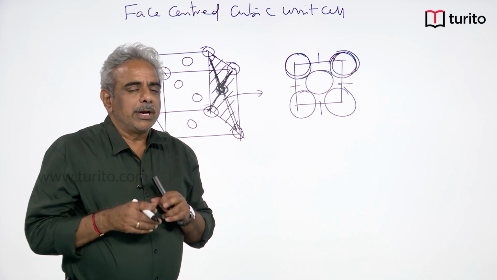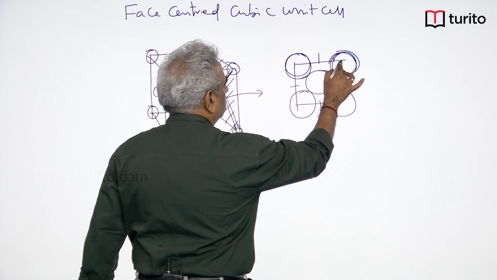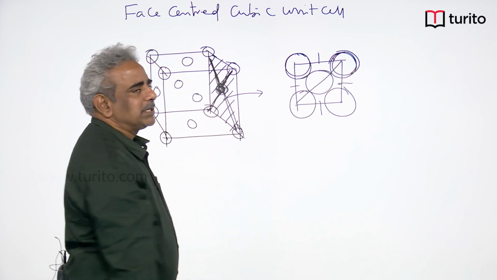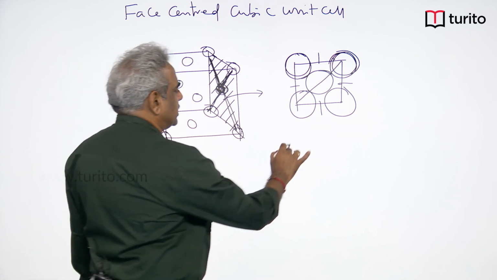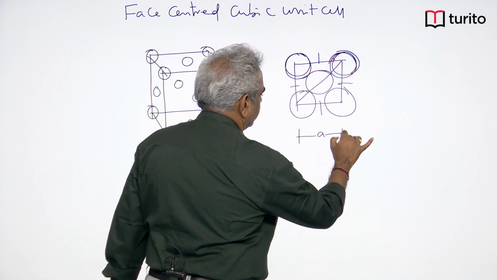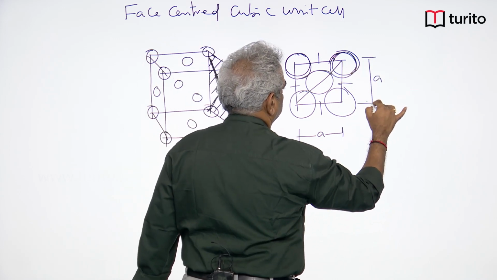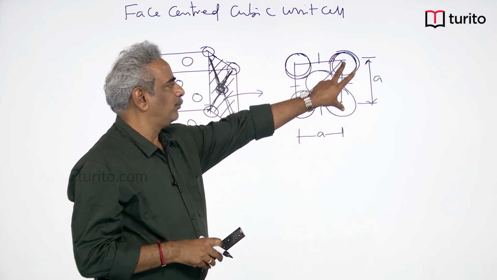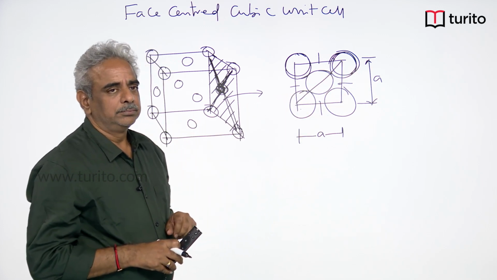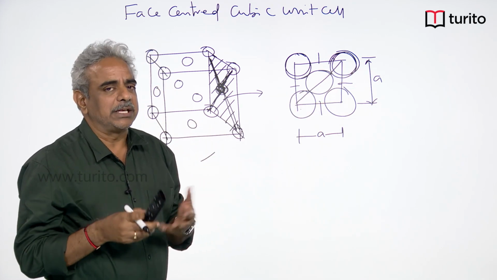So from this what can you conclude? This is what? Face diagonal. And what is this? Edge length. This is also edge length. This length is A, this length is A. So what will be the length of face diagonal? Let it be x.